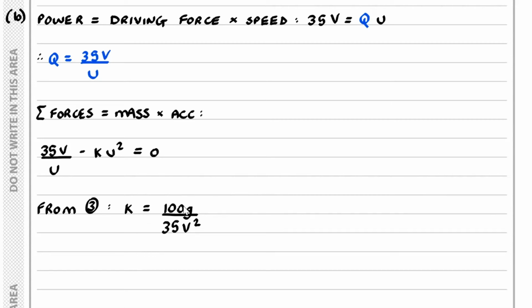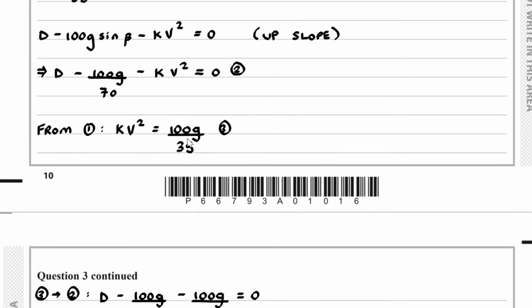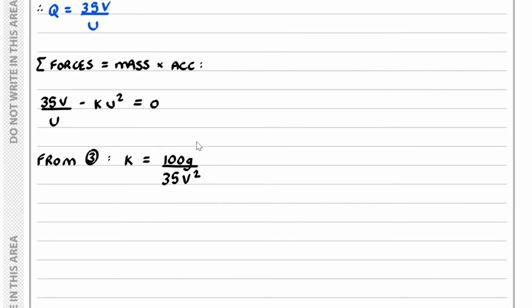So that's what K is. Now, if I call this equation 4, and if I call this equation 5, what I can do is substitute equation 4 into equation 5.